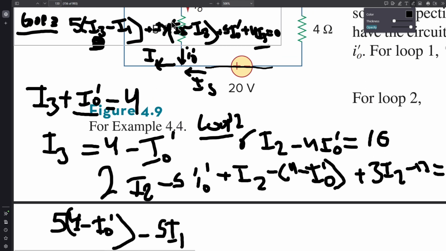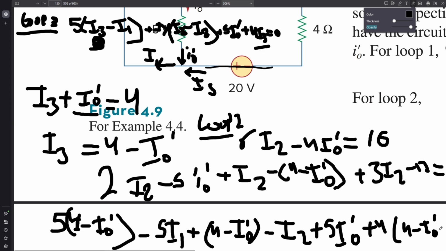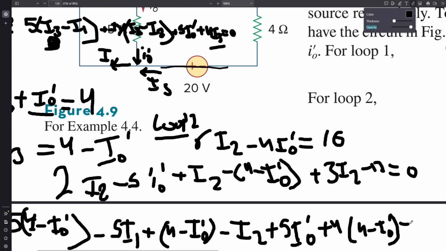Now here plus I3 minus I2. I3 is 4 minus I0 dash. And I2 is just negative I2. Now here you have positive 5I0 dash and positive 4I3, which is 4 minus I0 dash. So that all equals 0.